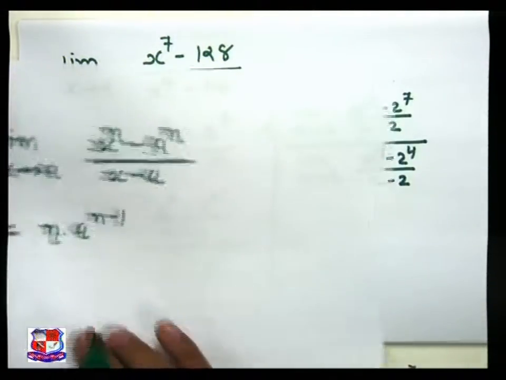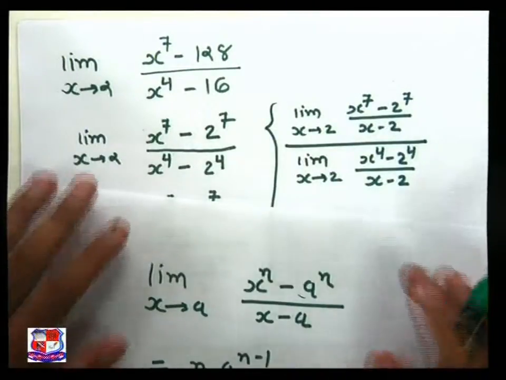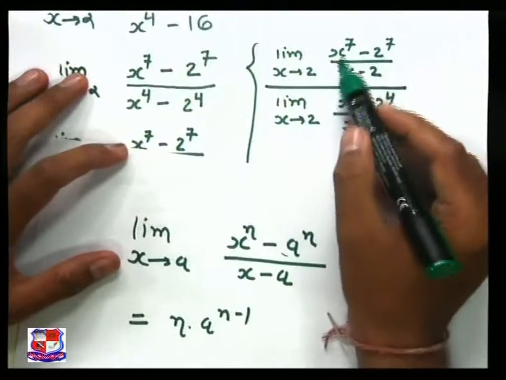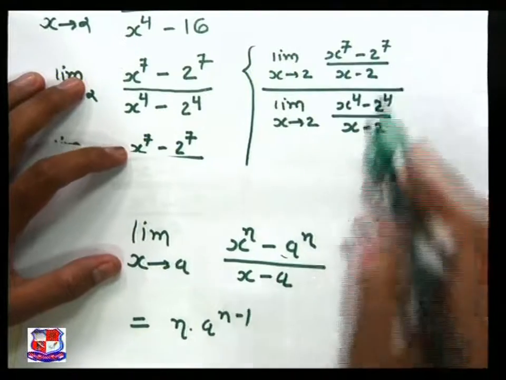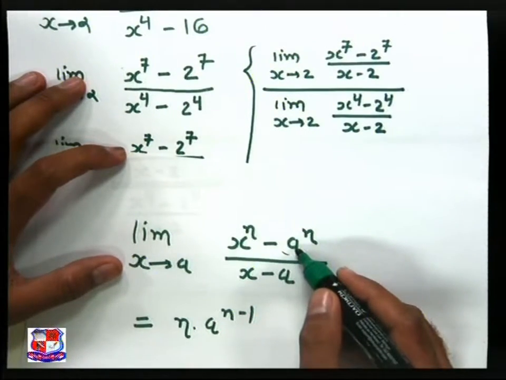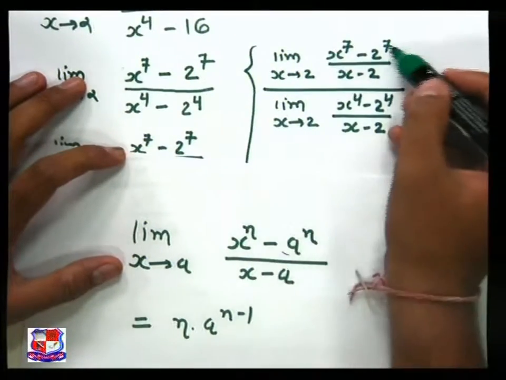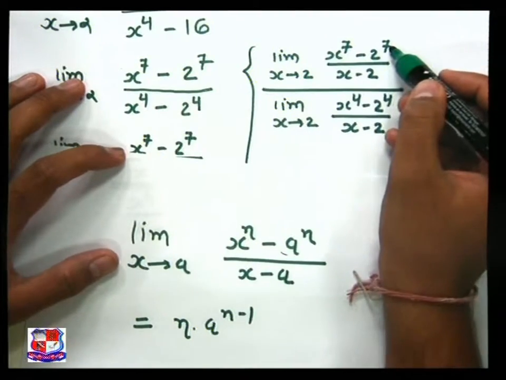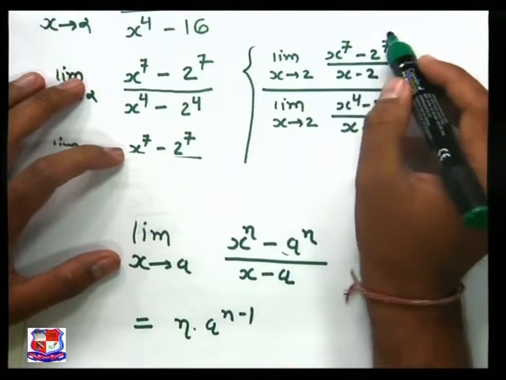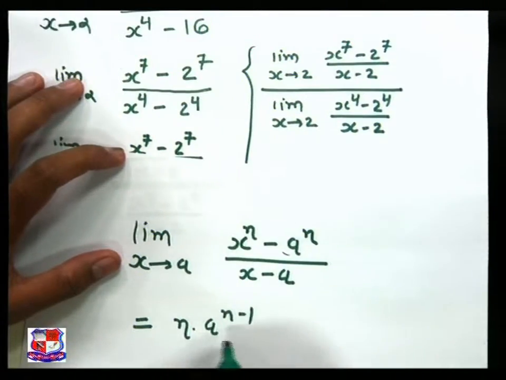And just check our sum here, x raised to 7 minus 2 raised to 7, so we take 2 as a and n is 7. So we write directly the answer, n into a raised to n minus 1.